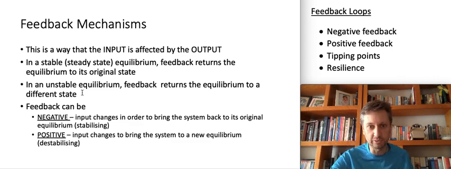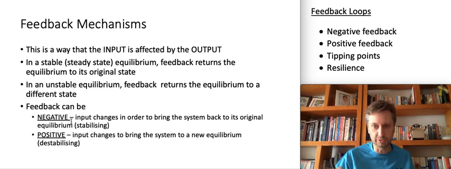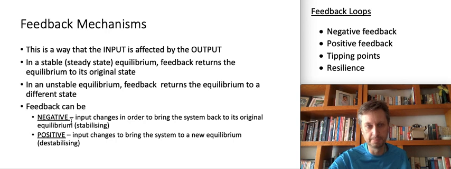In an unstable equilibrium, feedback is positive and it takes you to a new equilibrium. I'm going to give you some examples that should make it a bit more obvious what that means. And then just down here I've said that feedback can be negative or positive. Negative feedback keeps you at the same equilibrium. Positive feedback takes you to a new equilibrium.